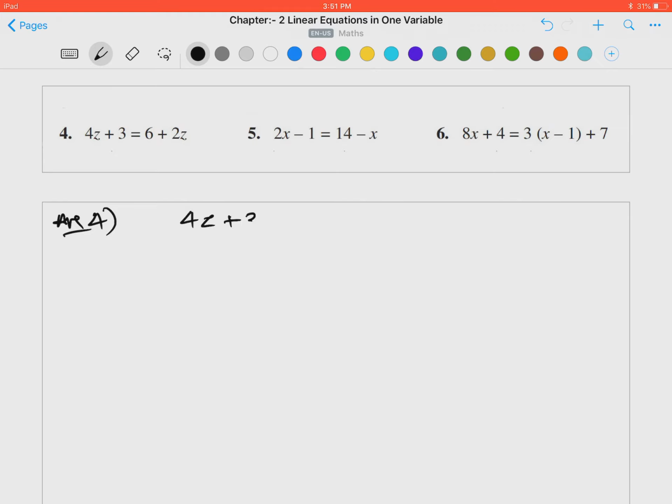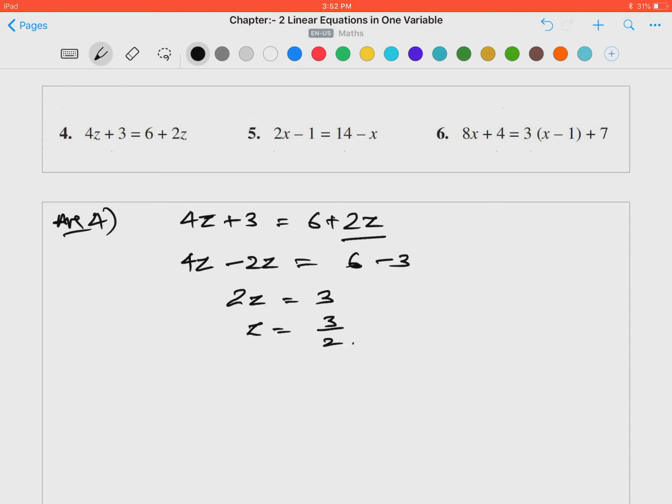So again doing the same thing, keeping this 4z on the left hand side, this plus 2z will become minus 2z, equals to this plus 6 on the right hand side, and this plus 3 will become minus 3. 4z minus 2z will result into 2z, equals to 6 minus 3 is 3, so z will be equal to 3 by 2.